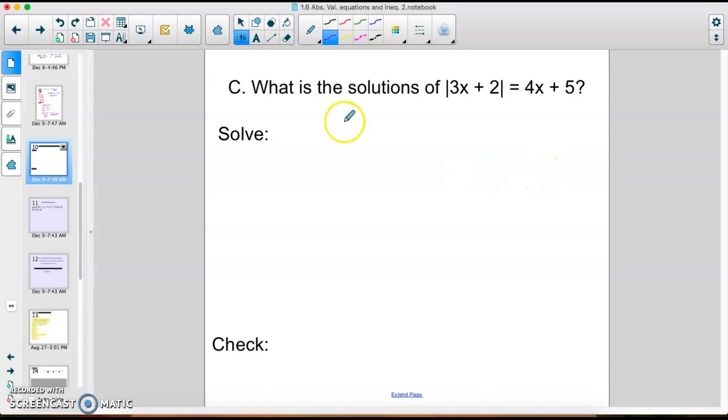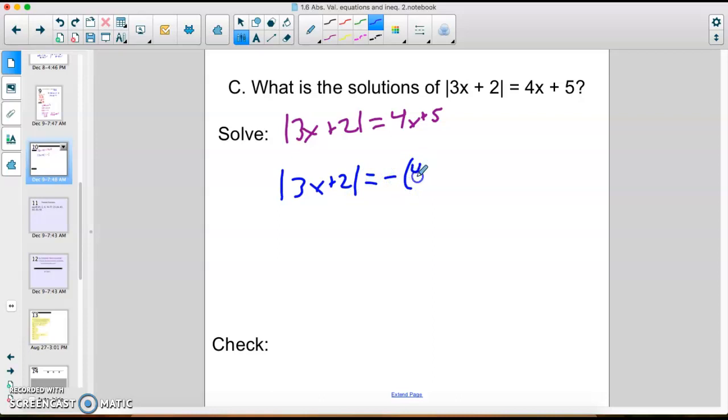Just remember when you do your OR statements, you just do 3x plus 2 equals, now usually it's just the regular one, 4x plus 5, or our other one would be 3x plus 2 equals negative, now parentheses are important, 4x plus 5. Okay, and then we're going to distribute the negative. So it'll look like this.